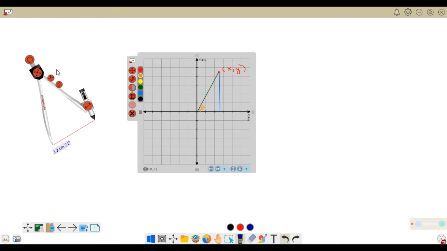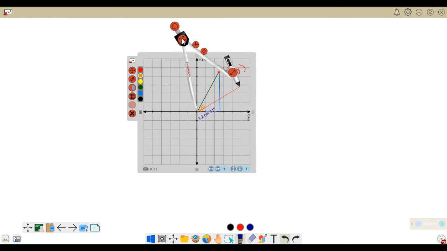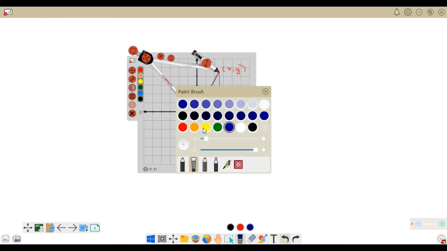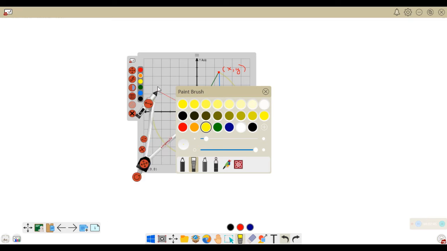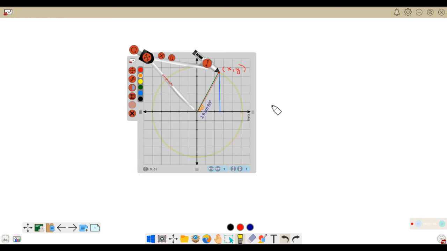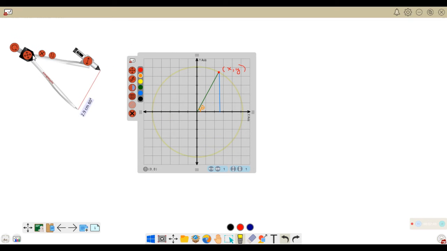So, remember that if we have a certain length for our terminal side, we can take that length and then find other angles with the same length for the terminal side. Halimbawa ito.